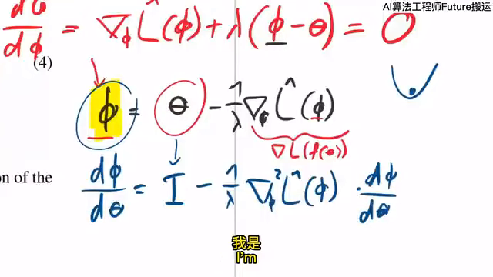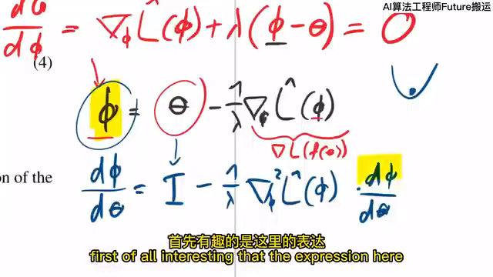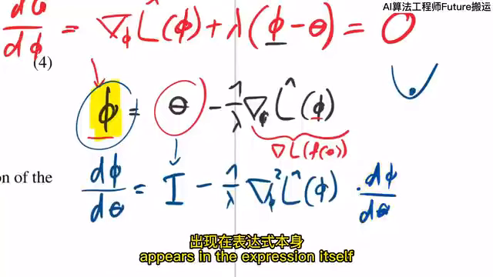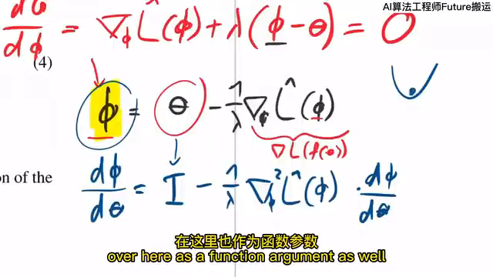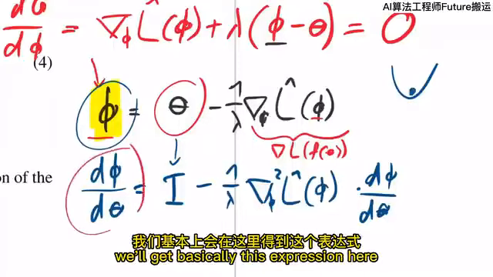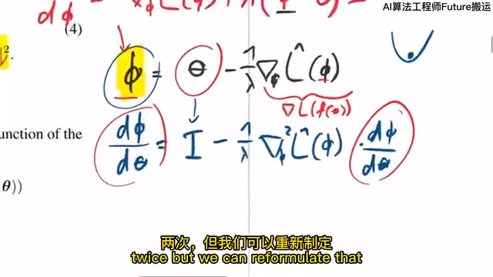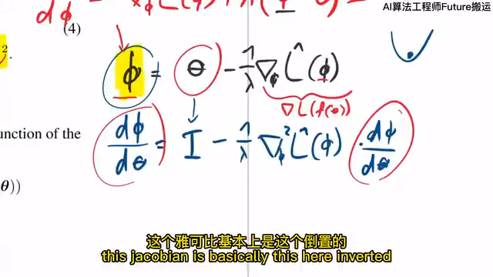Okay, now, yes, you can see, first of all, it's interesting that the expression we're looking to find appears in the expression itself, since these parameters appear over here as a function argument as well. We'll get basically this expression here twice. But we can reformulate that and find that this term, this Jacobian, is basically this here inverted.